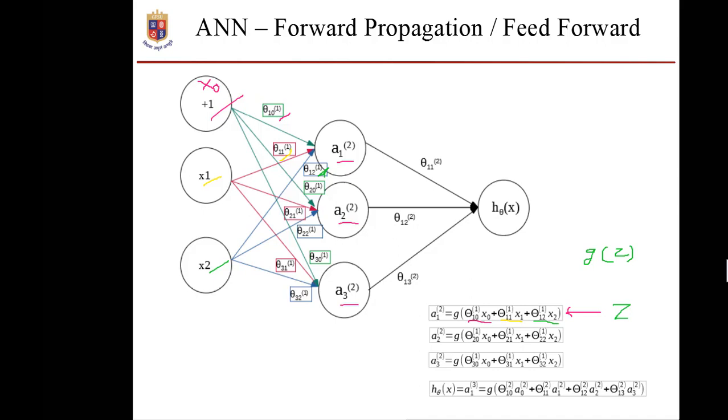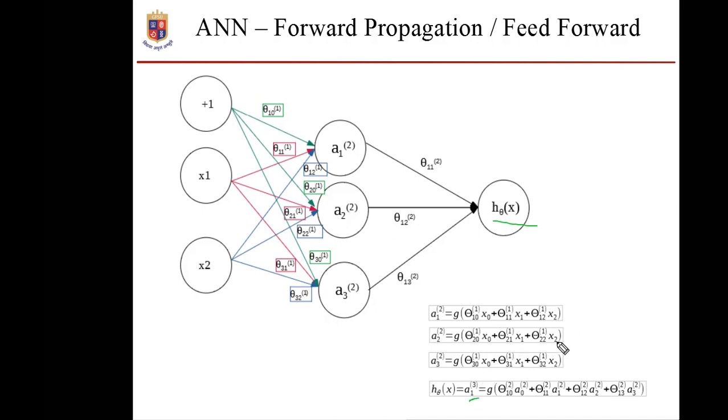Now talking about the final h theta x, we have to calculate h theta x based on layer number 2, because layer number 3 can be calculated using layer number 2 values. And this h theta x is basically A13 because you are in the third layer and there is only one neuron.